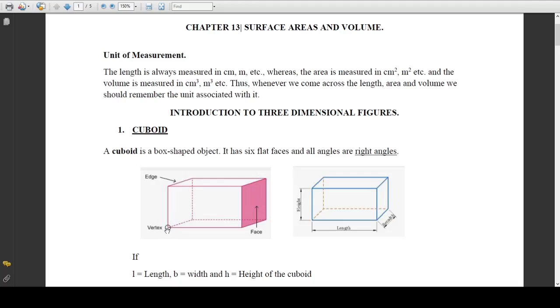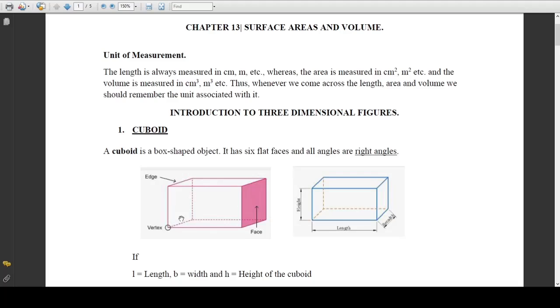And how many vertices? 1, 2, 3, 4, 5, 6, 7, 8. 8 vertices we will have. And how many edges? 1, 2, 3, 4, 5, 6, 7, 8, 9, 10, 11, 12. 12 edges, 8 vertices, 6 faces.